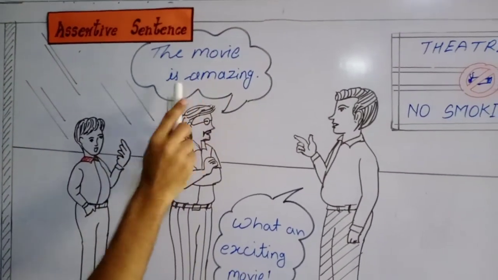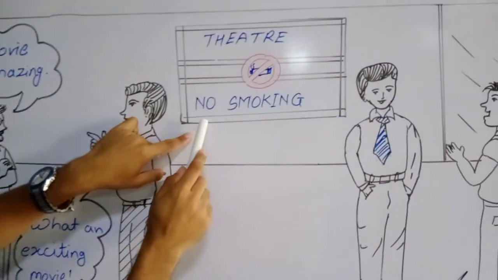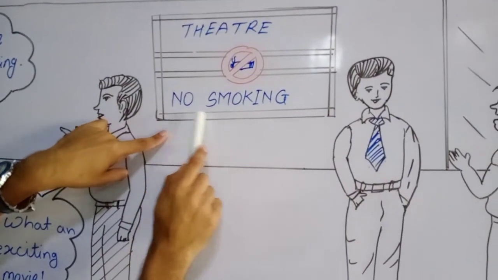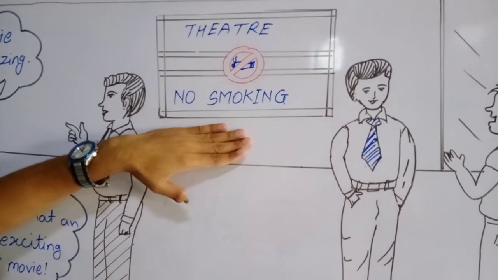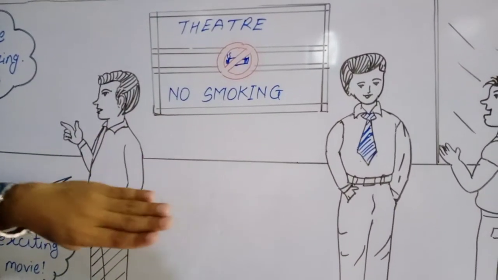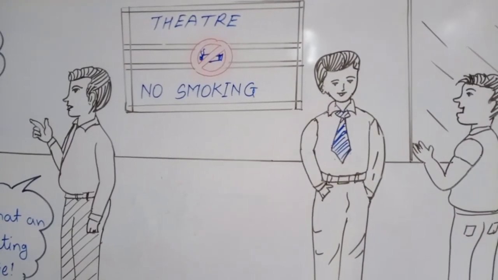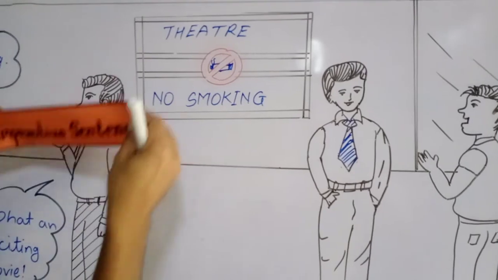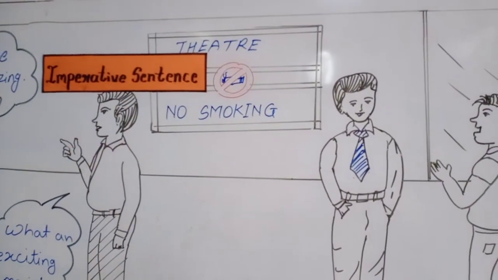The movie is amazing. Now here you can see there is a no smoking board. That is a prohibition, that you should not smoke. That is nothing else, that is an imperative sentence.